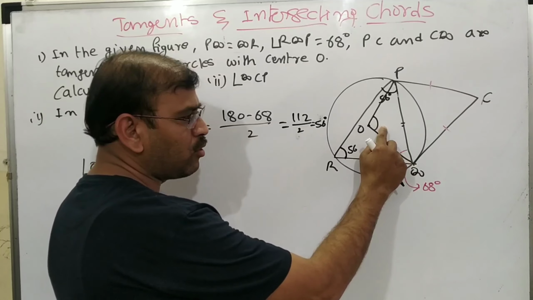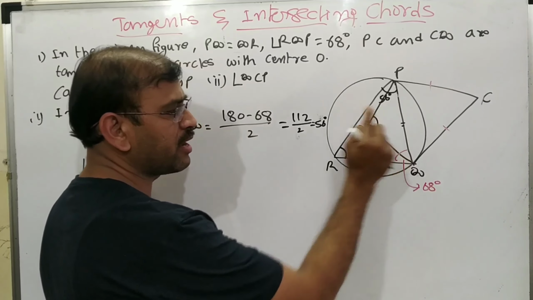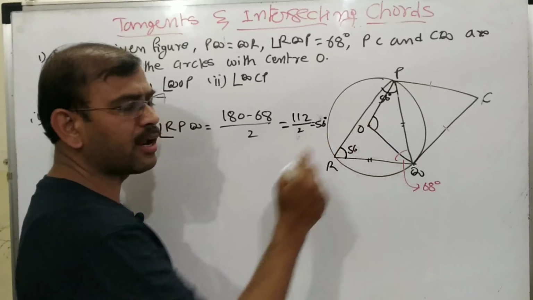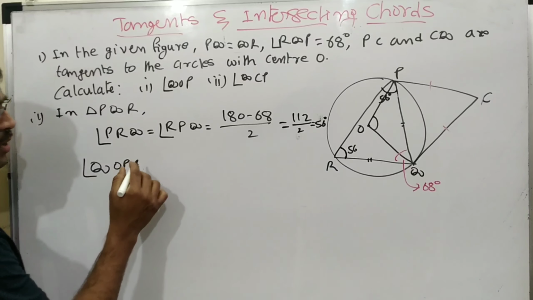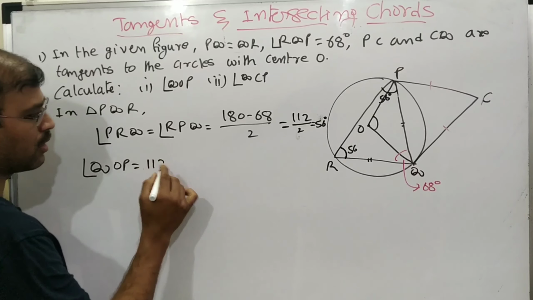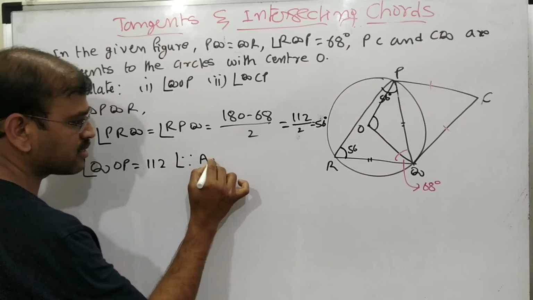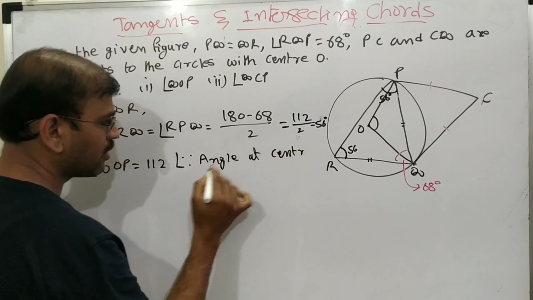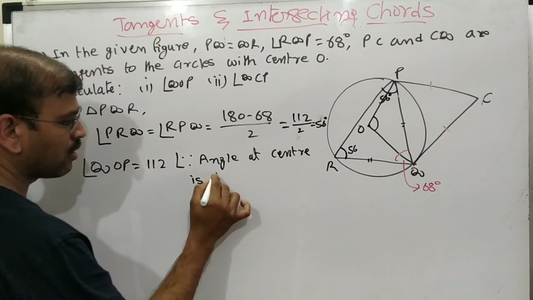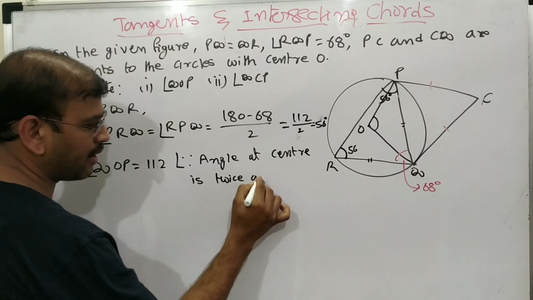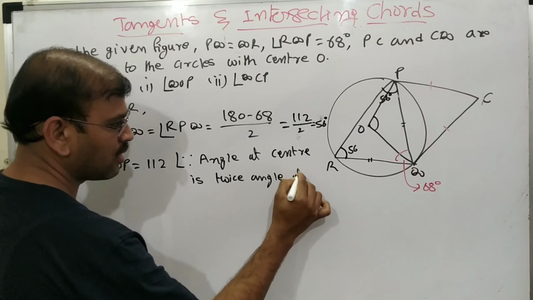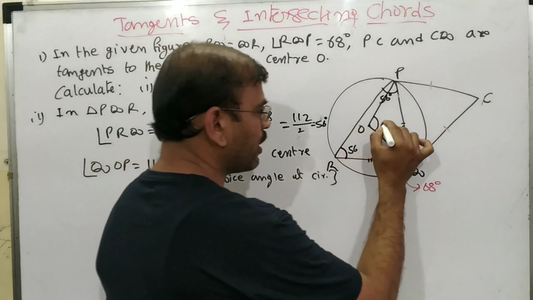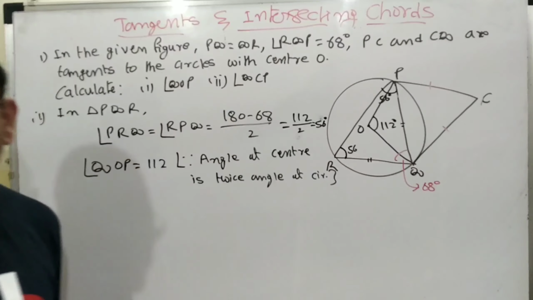Because the angle at the circumference is 56, the center angle is going to be double, so we can write it as 112. The reason we write is angle at center is twice angle at circumference. According to this, we got this angle is 112.